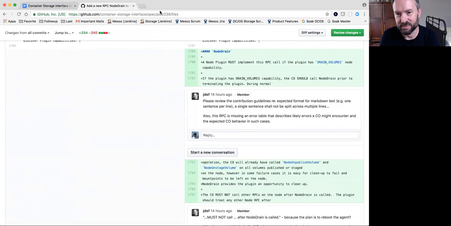The plugin doesn't know when it's starting up whether it's part of a normal startup process on a clean node, or whether it somehow unexpectedly terminated and the CO is restarting it.